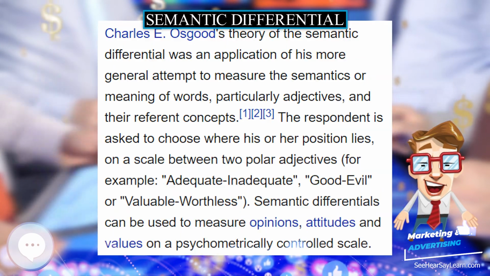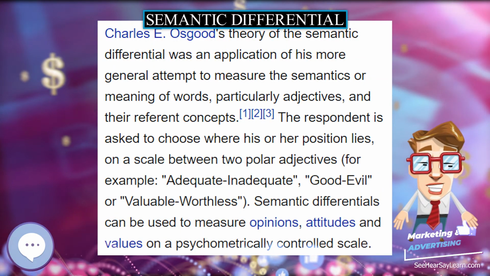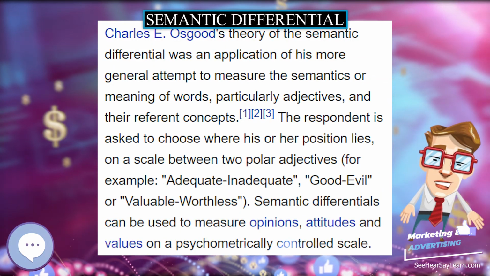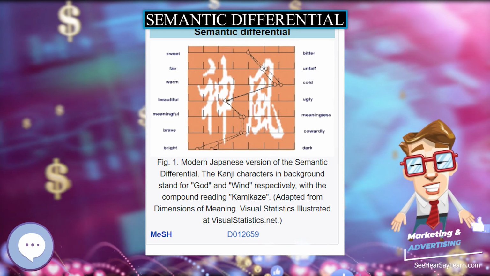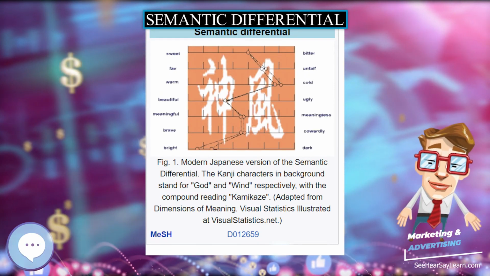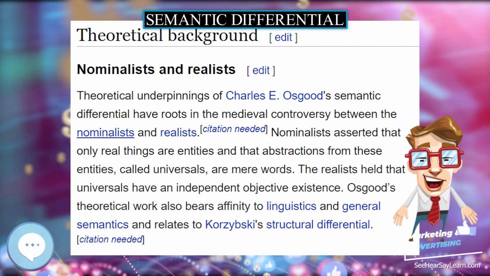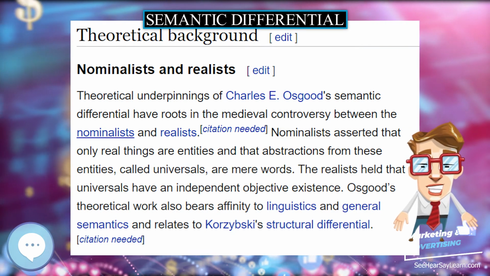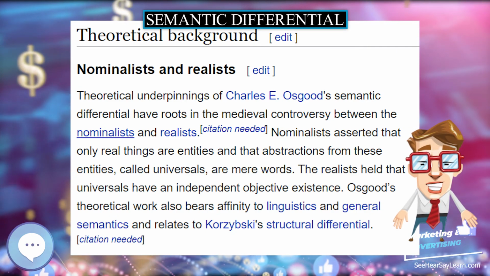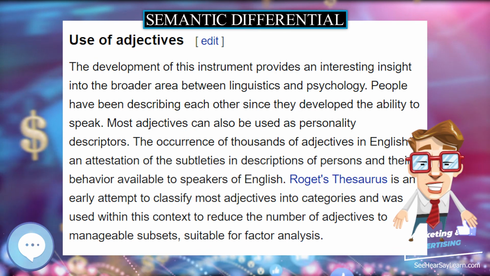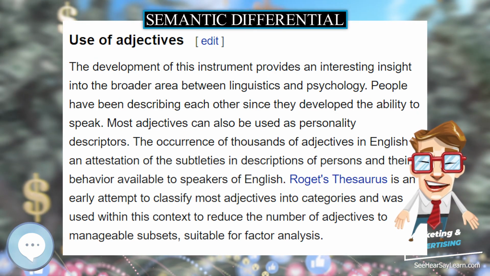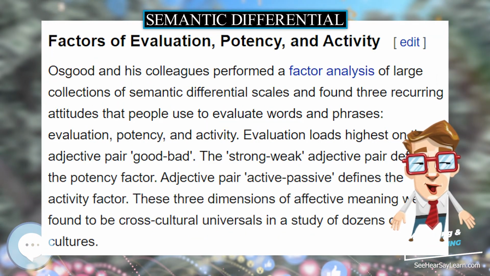Application in CIA psychological warfare. In 1958, as part of the MK Ultra program, the CIA gave Osgood $192,975 to finance a worldwide study of 620 keywords in 30 cultures using semantic differential.